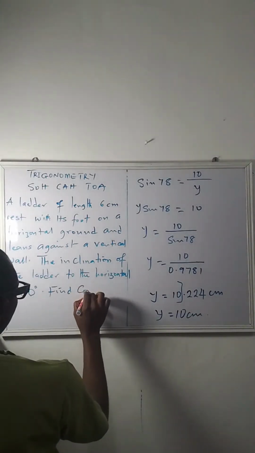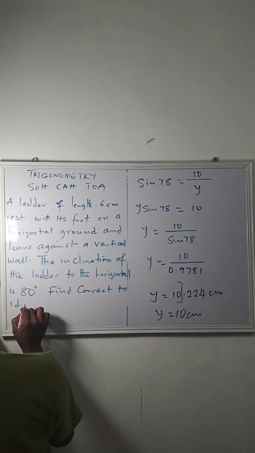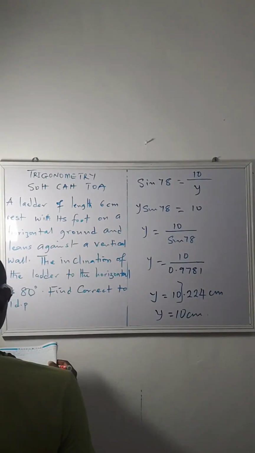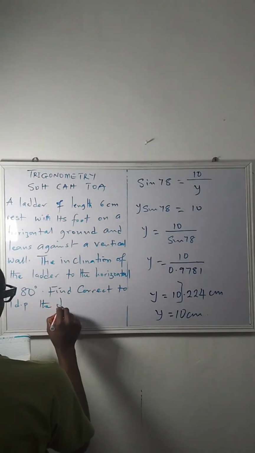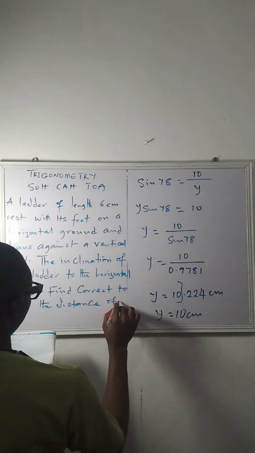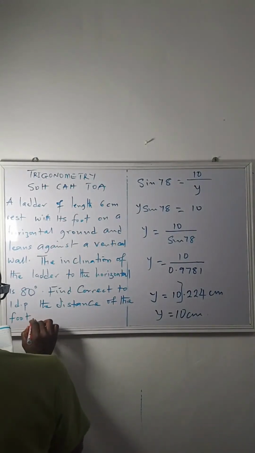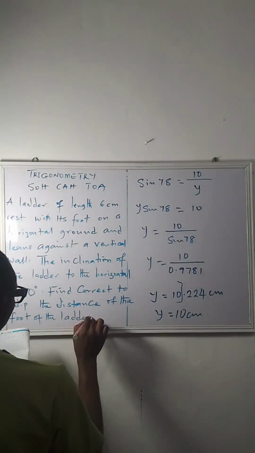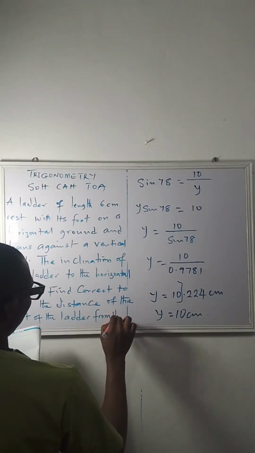Find, correct to 1 dp, the distance of the foot of the ladder from the wall.